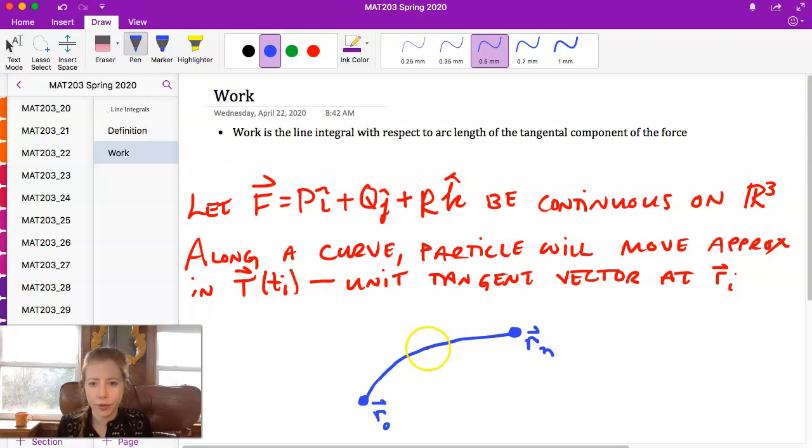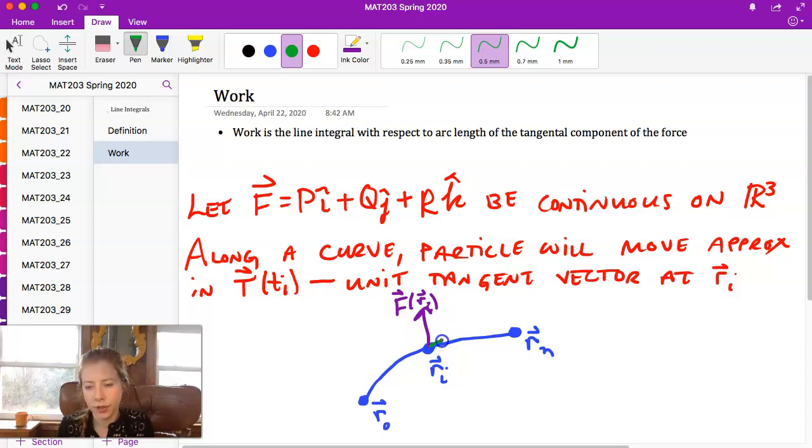then if we looked zoomed in on some r sub i, so some position at some time, and say our field is almost perpendicular here, then the path of motion is going to be this unit tangent.